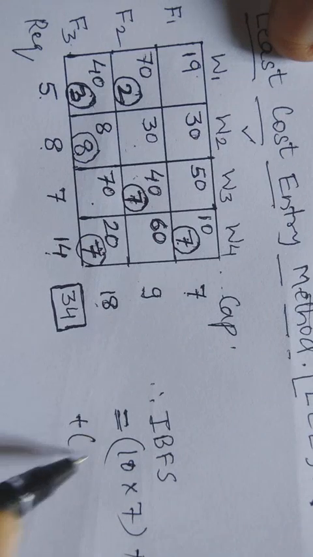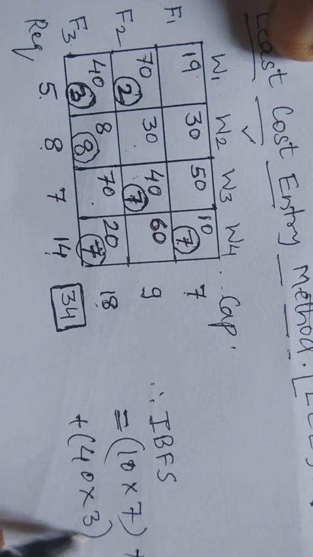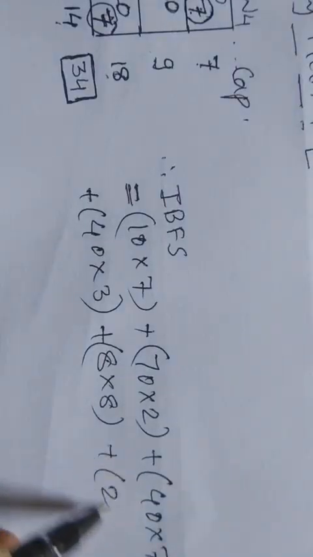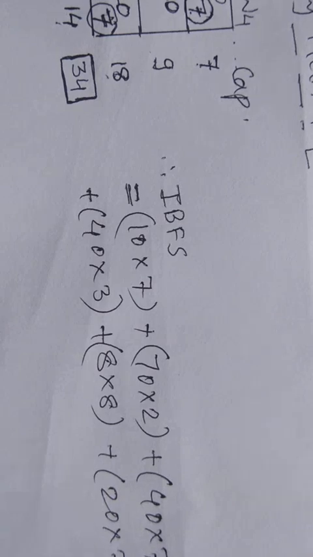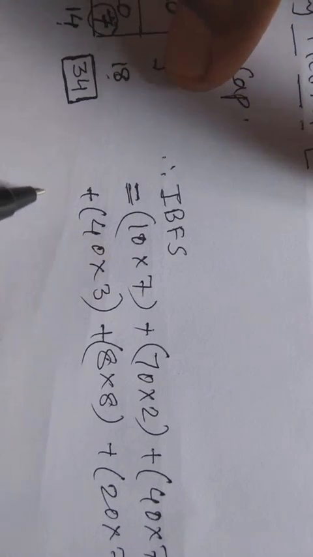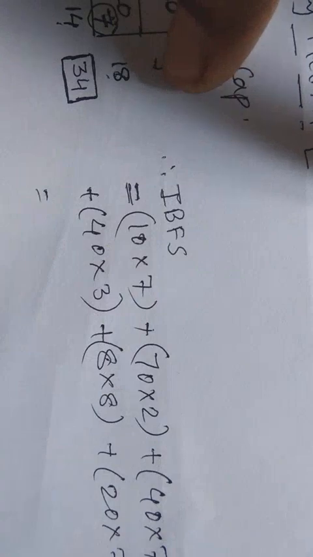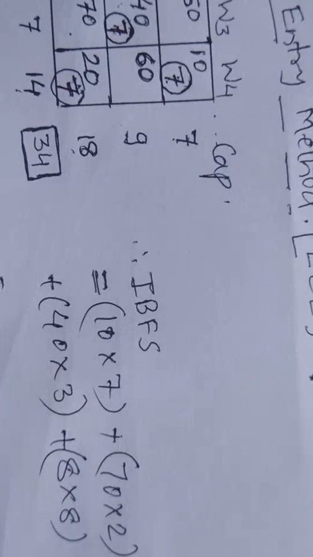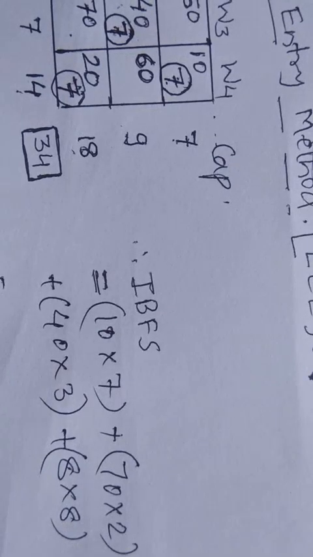All these things we have to write, and at the end we have to find out the transportation cost. So the total transportation cost is equal to this. We have to write 70 plus 140 plus 728. All this you have to find out, and write the answer.